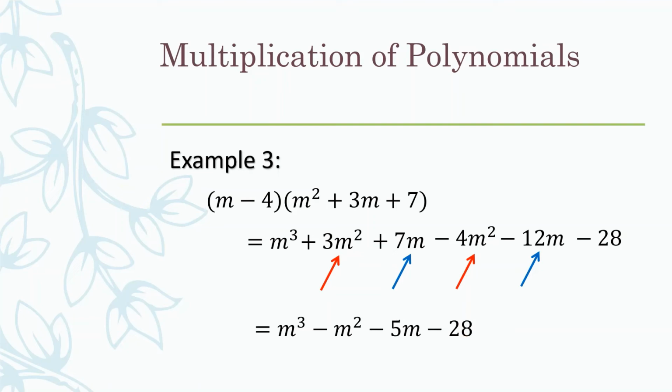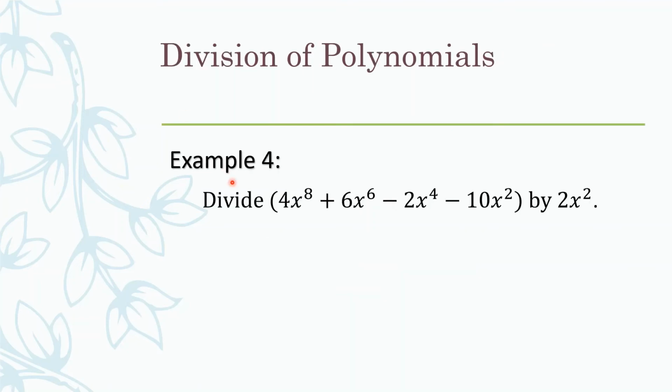So aside from multiplication, division of polynomials. Example, divide 4x raised to the 8th power plus 6x to the 6th power minus 2x raised to the 4th power minus 10x squared divided by 2x squared.